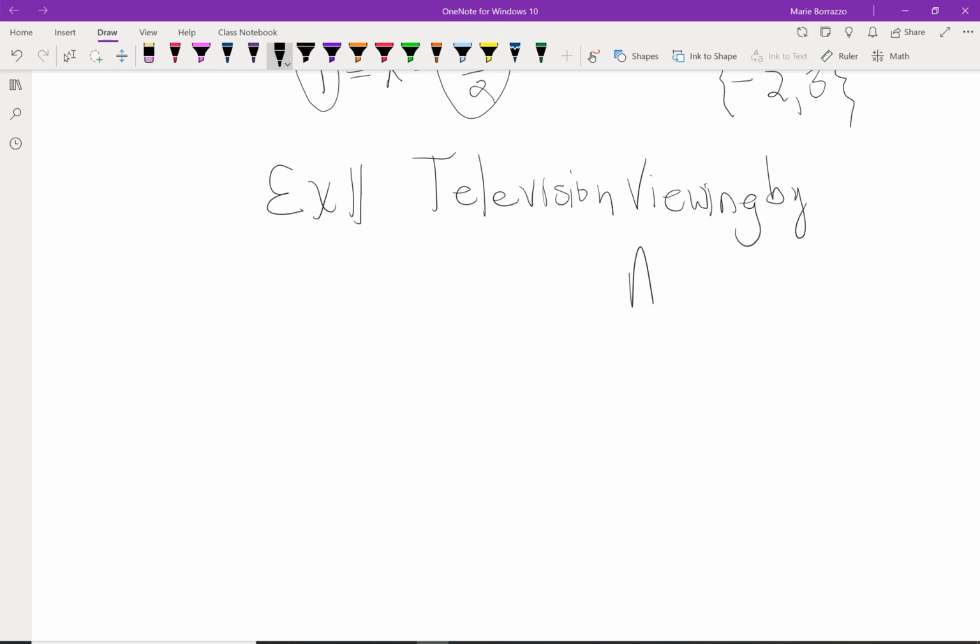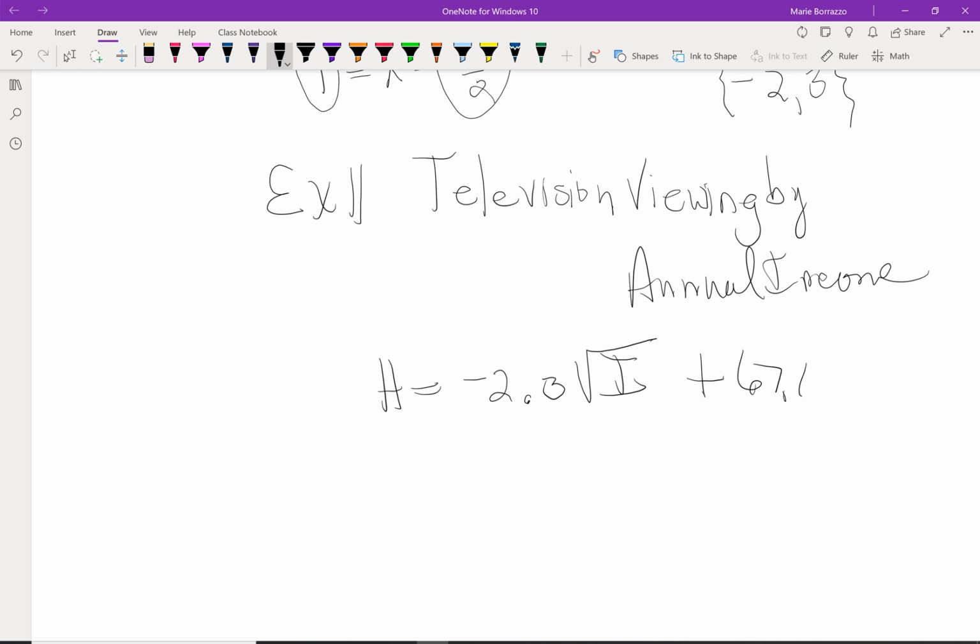Okay, so this is just what the question is about. They give you a formula, and this is why I say this is just straight up plugging in. Anybody could plug in an answer. So a variable and then solve, basically. So they give you the square root of I, and then they give you plus 67.6.